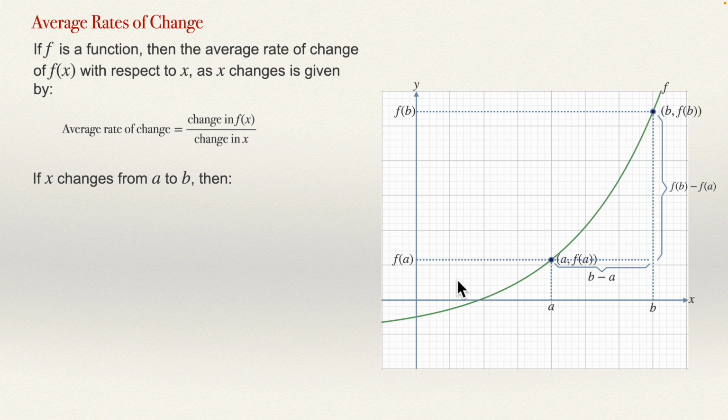The change in x will be b minus a. So we can write that the average rate of change is f of b minus f of a, divided by b minus a.